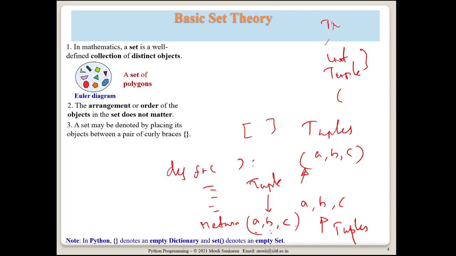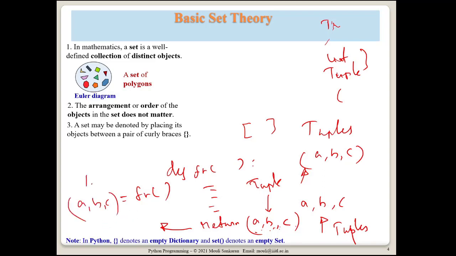Otherwise it assumes that it is a tuple, and this function returns a tuple object constructed with these values. When you call this function, you may assign it either like this or like this. Both are the same, both are acceptable.